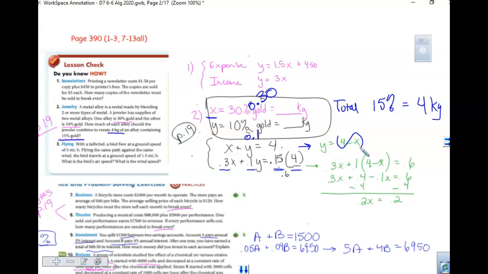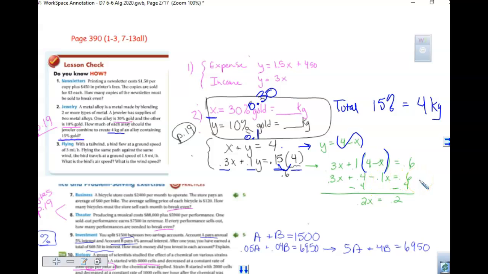So I'm looking at this, and I say, 0.3x plus 0.1 times parenthesis, because instead of y, I'm using 4 minus x, equals, when I multiplied here, 0.6. So I am now going to have 0.3x, and I distribute 0.1 times 4, 0.4, minus 0.1x equals 0.6.